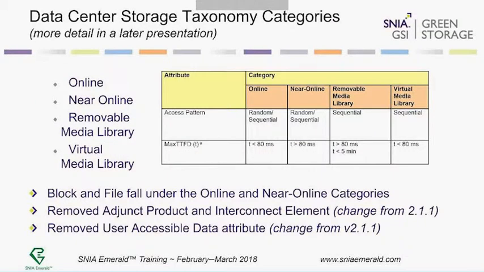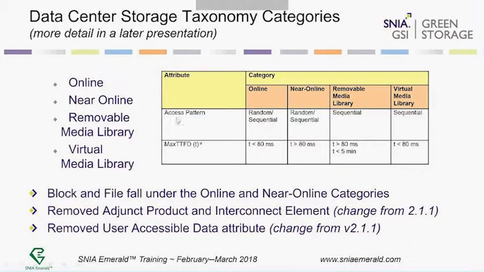Now the taxonomy itself will be covered in a little more detail later on today, but as a highlight, these are the types of categories: online, near online, removable media, and virtual media. Of course, what we're most interested in is online. Those are the eligible categories in the Energy Star spec.